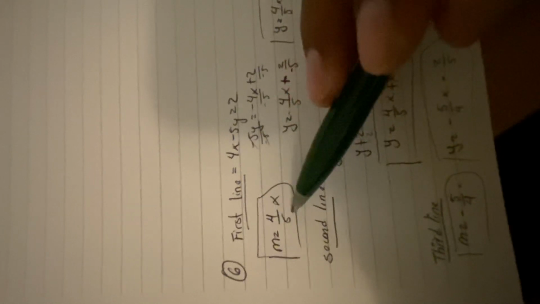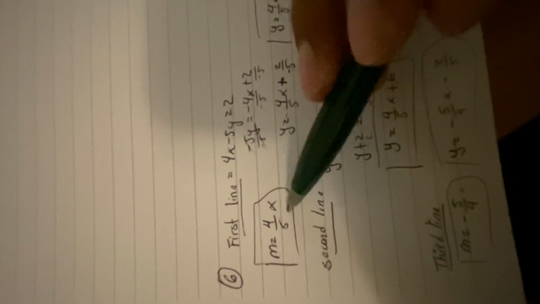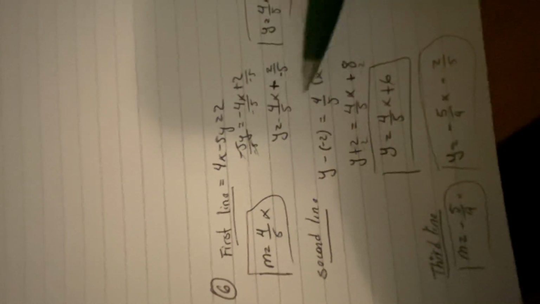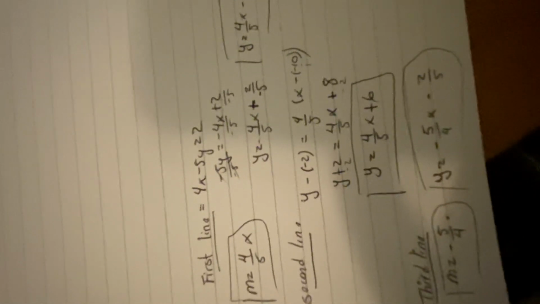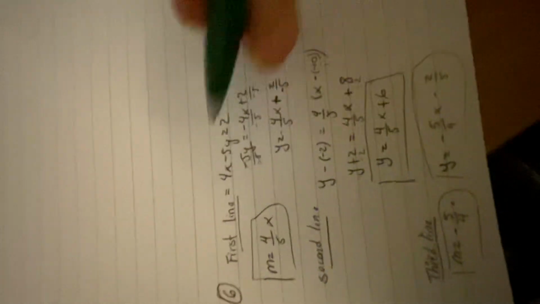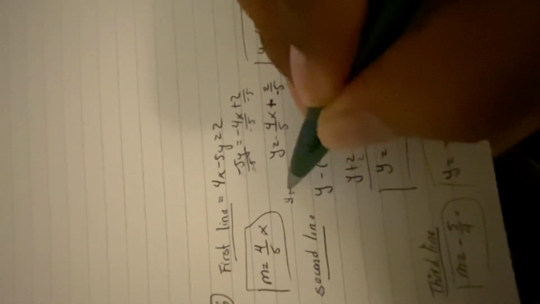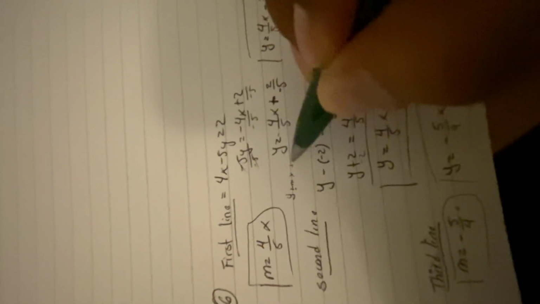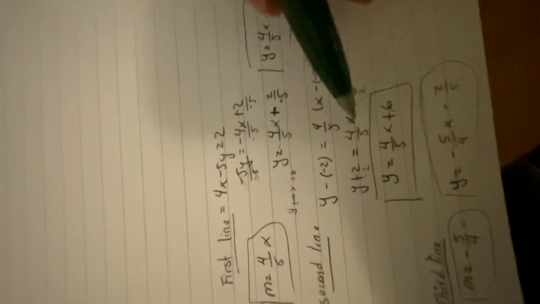It is 4 over 5x. Well, this is the slope. It is the formula that I learned in the classes, y equals m, the slope, x plus b. That was the formula. And yes, I did the same thing here.